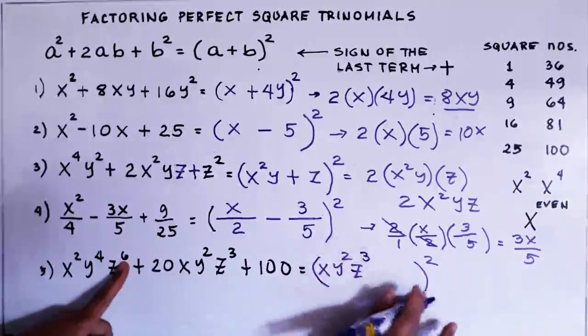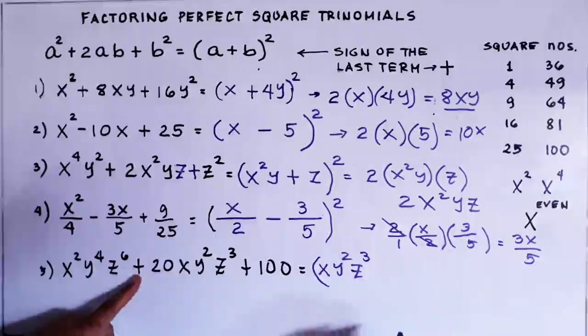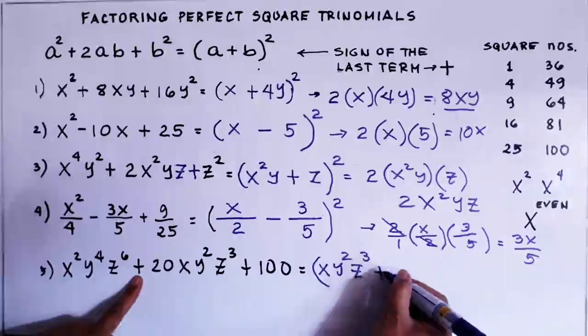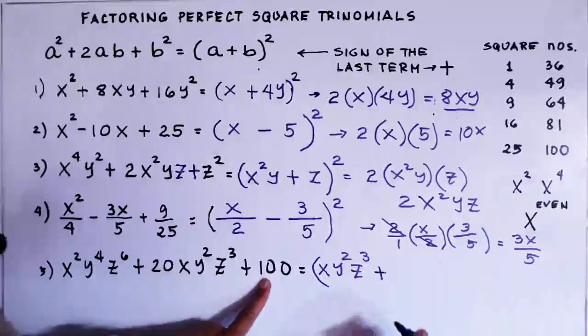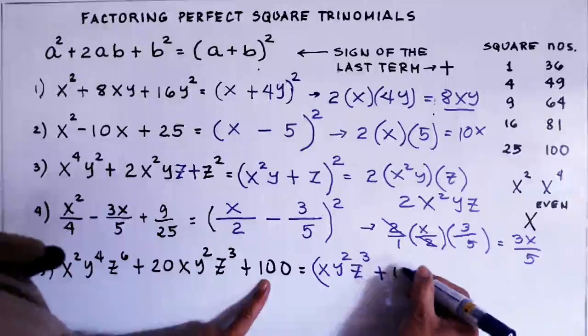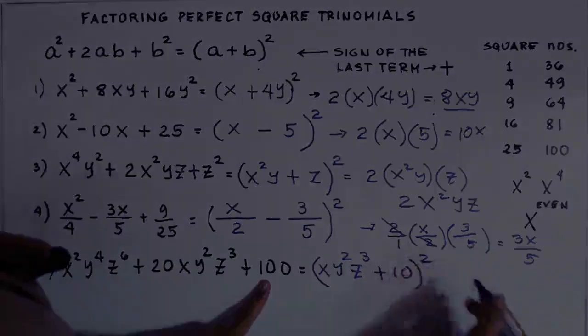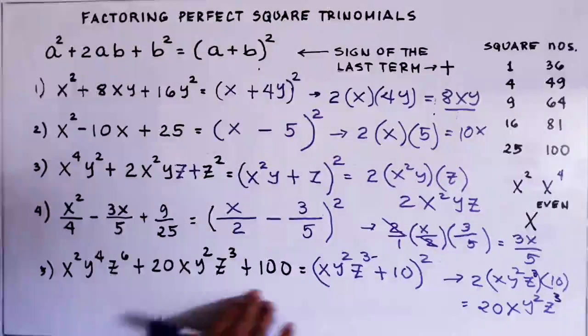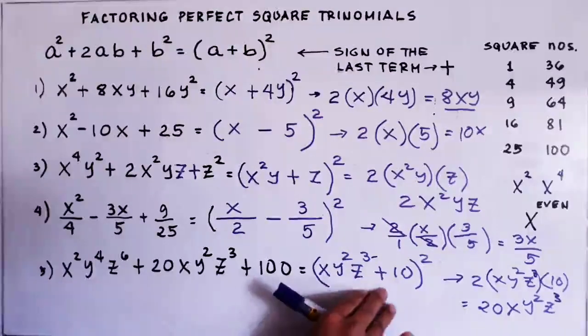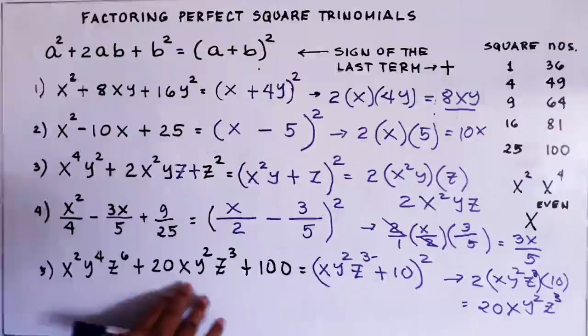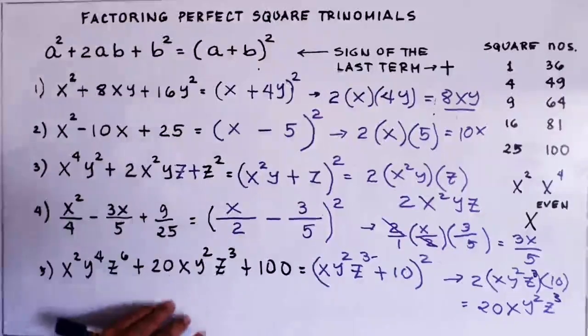And then we have the plus sign here. Square root of 100 is 10, so we have 10 here. Don't forget the square. Now still a perfect square trinomial, and our answer is this one. Our answer is correct. It's from our factoring. Thank you, class.